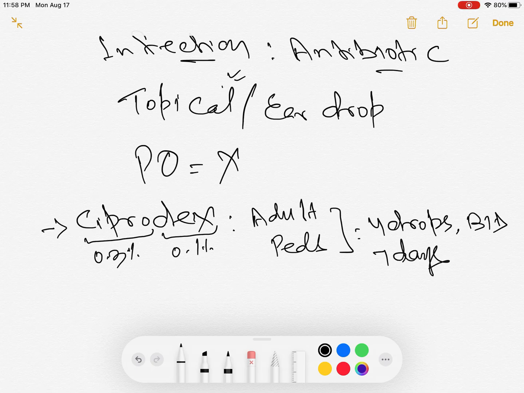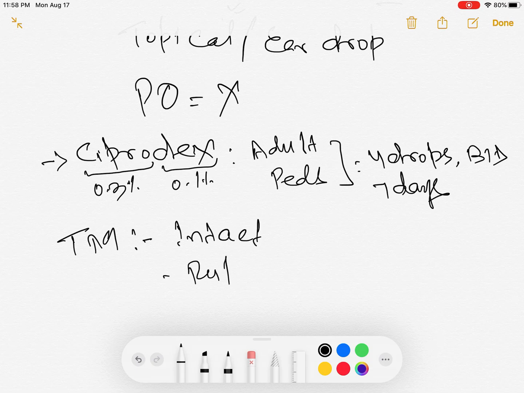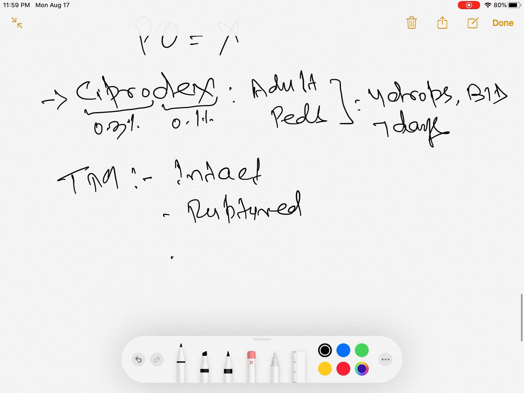It works like magic. One thing to know is that when you are prescribing the antibiotic, you need to know about the tympanic membrane. Is the tympanic membrane intact or is it ruptured? Or does the patient have any tympanostomy tube?